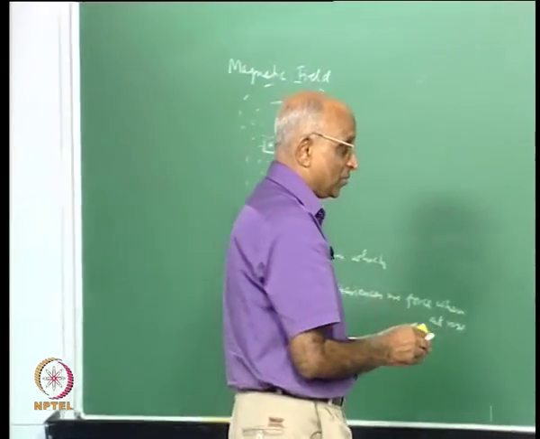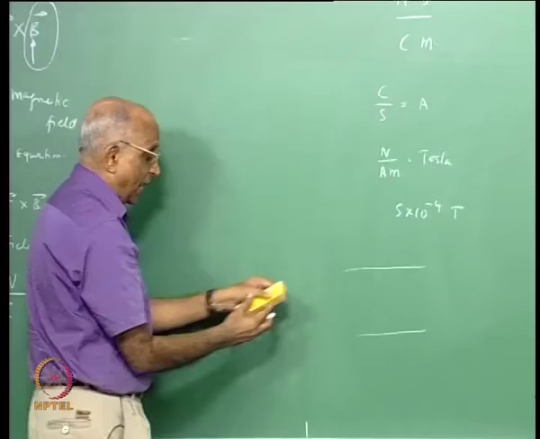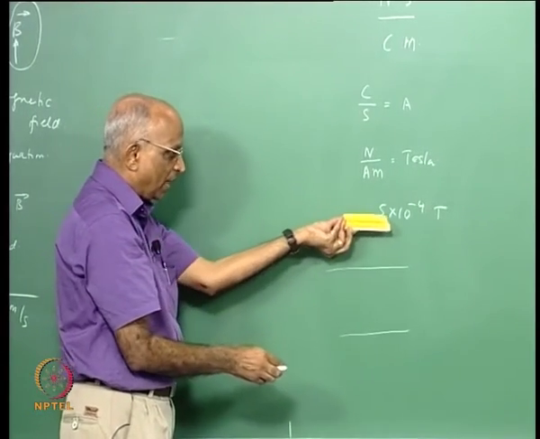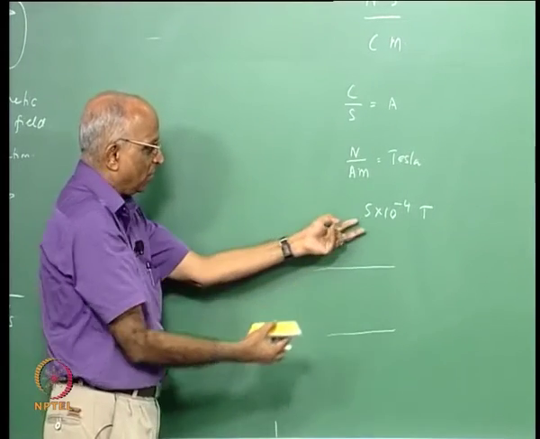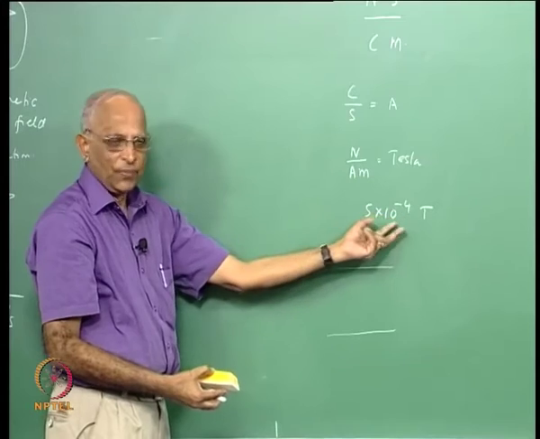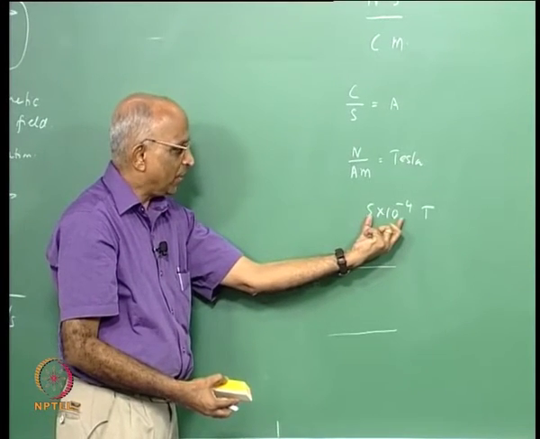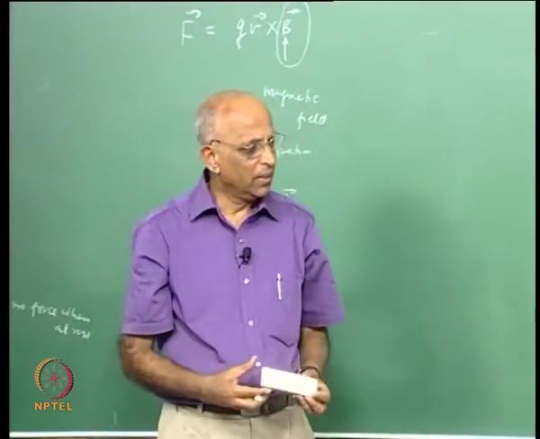We say yes, I have rails which are magnetically levitated, and above the rail the train is going up in air with some gap and all that. You have very strong magnetic forces of the order of a few Tesla. Therefore, we say this is a weak magnetic field of the order of 5 into 10 to the power minus 4 as is on the surface of the earth.